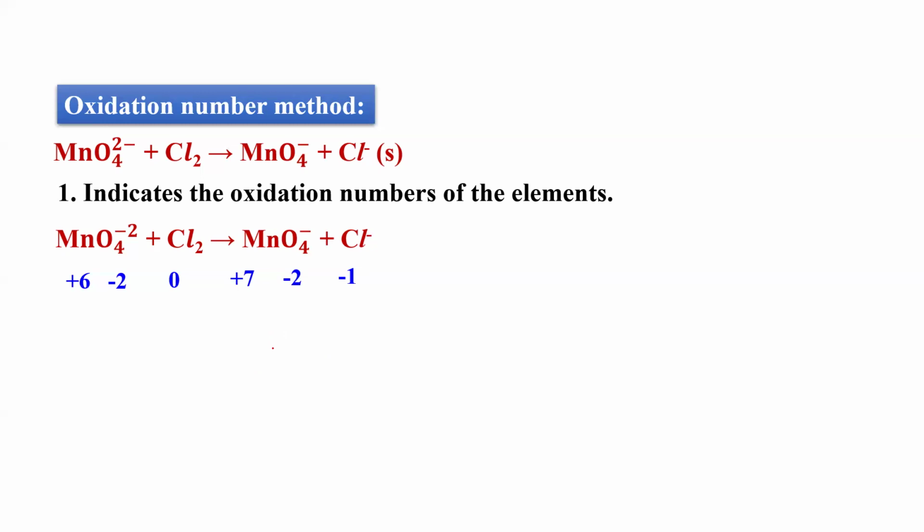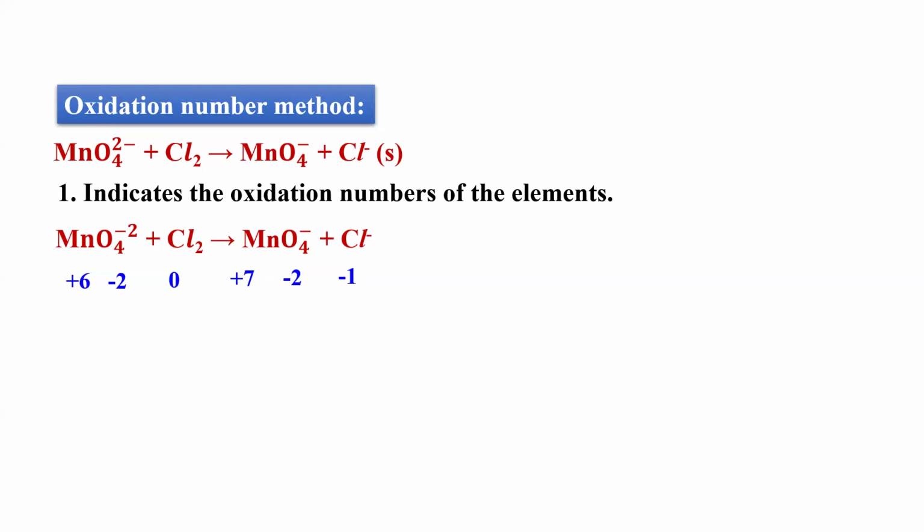So in MnO4 2-, the oxidation state of manganese is +6. If your maths is good, with some practice of course, you can find it just by looking at it. O4 means -8, and it has already got a -2 charge. That will make it +6 ultimately, right?